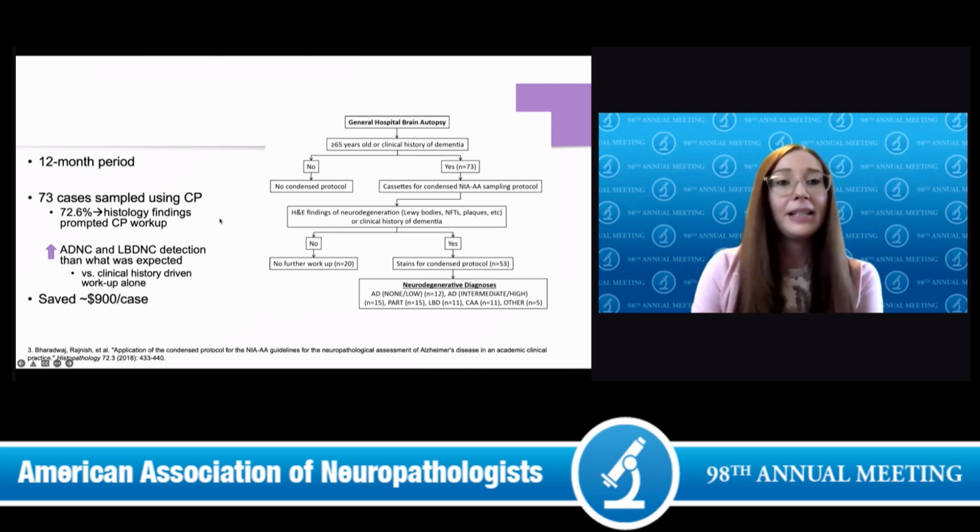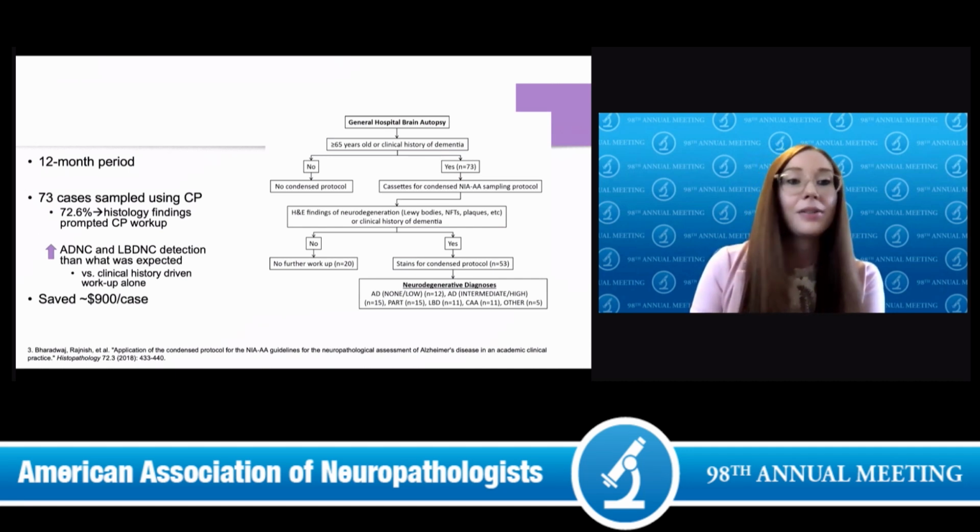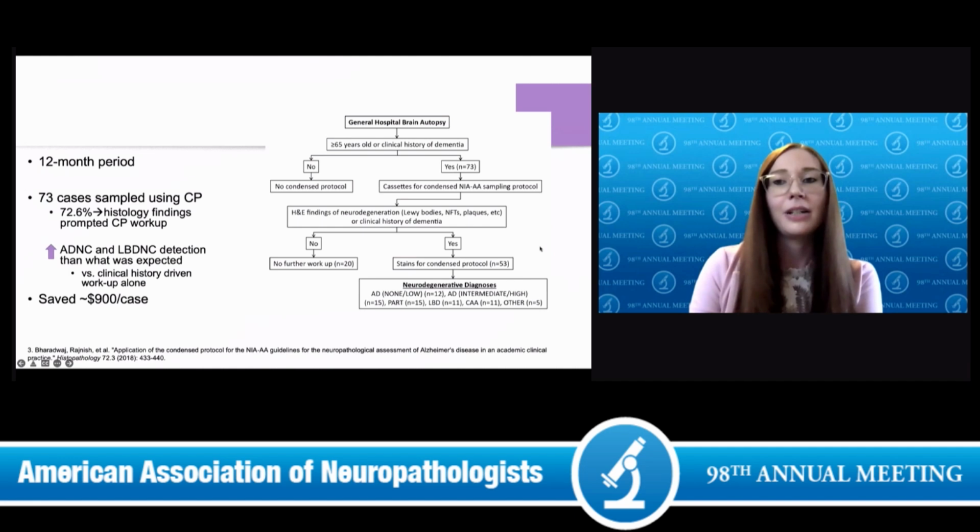So 73 cases were sampled, and 72.6% had histologic findings that prompted the IHC condensed protocol workup. And what we found was that there was increased Alzheimer's disease and Lewy body disease neuropathologic change detected than what would have been expected from clinical history-driven workup alone, and that we also saved approximately $900 per autopsy case.